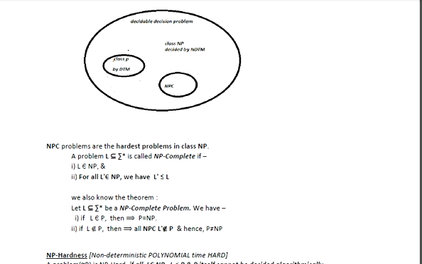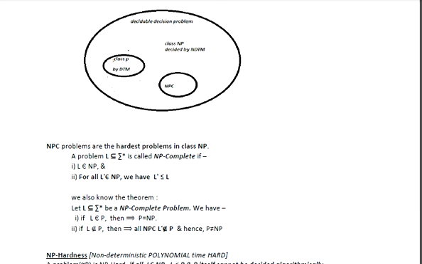We know that a problem L, a subset of sigma star, is called NP complete if it belongs to NP, and for all other problems L prime in the NP class, L prime is polynomially reducible to L. Then this L is called an NP complete problem.